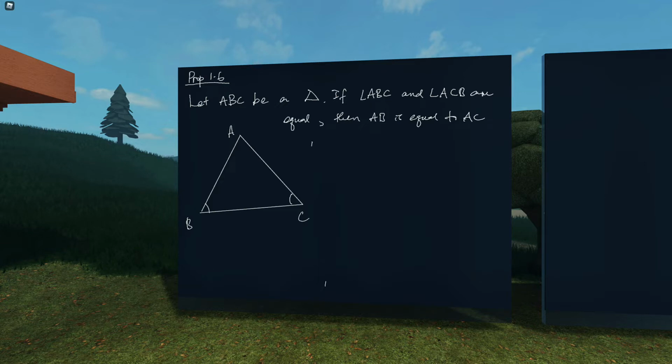So, the proof. I'm going to try and fit this on one board. Suppose AB is not equal to AC. Then one is greater than the other, and we can assume that AB is greater than AC.